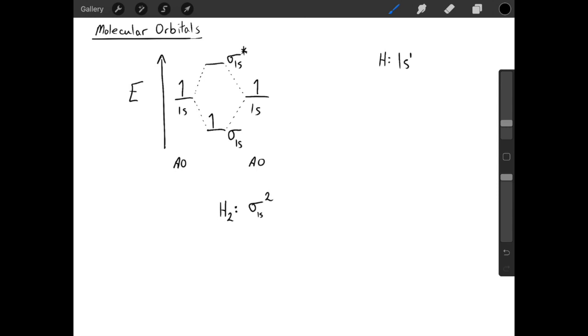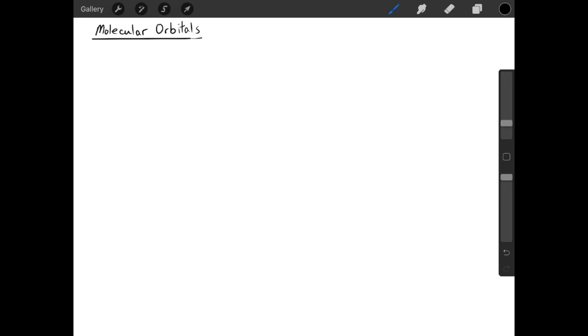And then after hydrogen, we encounter atoms that now have p orbitals in addition to s orbitals. And you can see the molecular orbitals that are going to result when p orbitals interact. So when p orbitals interact, you can have end-to-end overlap, or you can have side-to-side overlap.